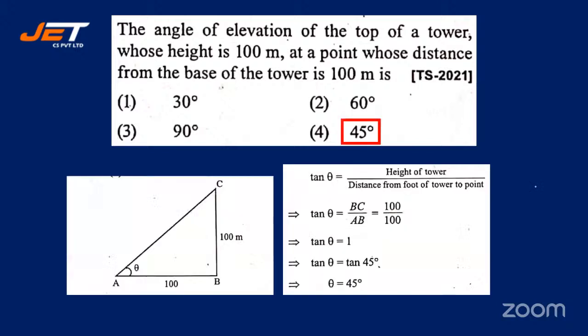Yes, see here, you have a triangle. The angle of elevation of the top of a tower, the height is 100 meter. The distance from the base of the tower is 100. So it is opposite side by adjacent side, 100 by 100, which is obviously tan theta, right? So 100 by 100, tan theta as 1 means what should be the theta? It should be tan 45. So theta should be 45 degrees.